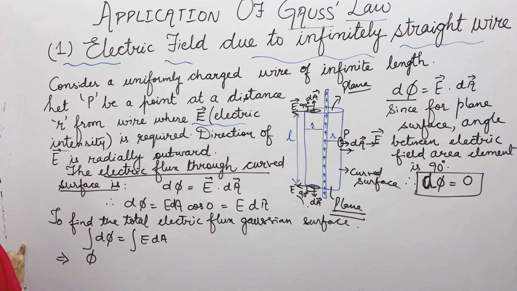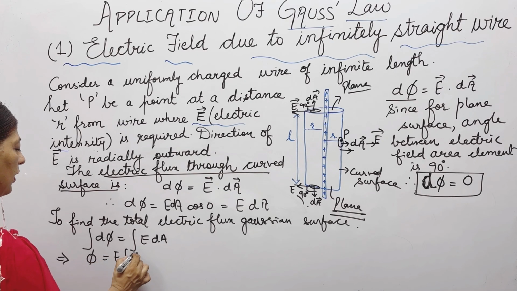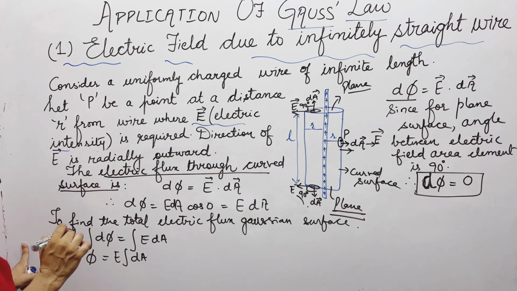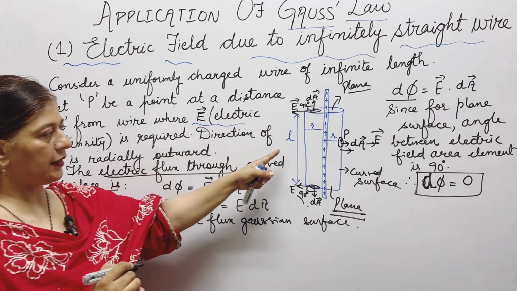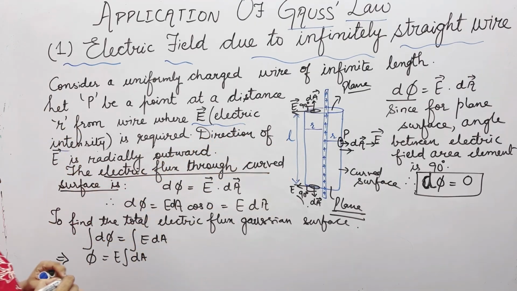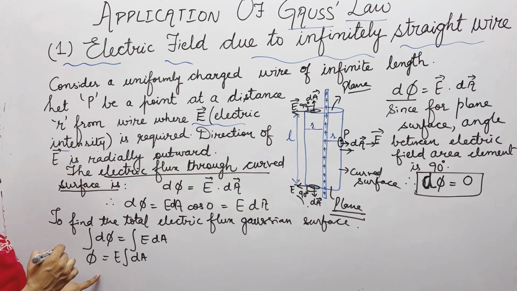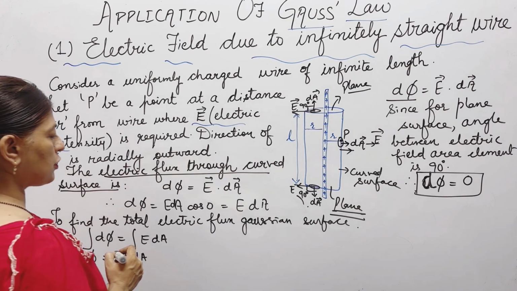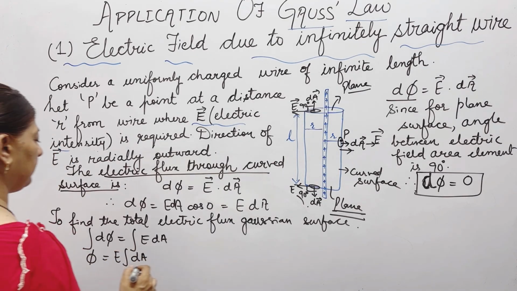The total flux is phi equals integral of E dA. Here L is the length and R is the radius of the cylinder. So the area of the curved surface is 2 pi RL.